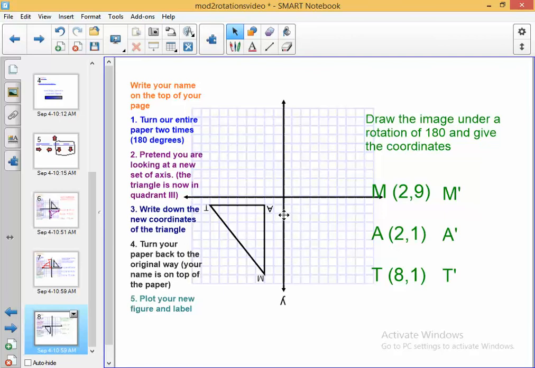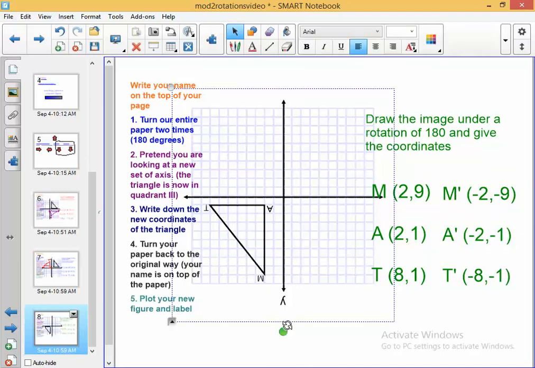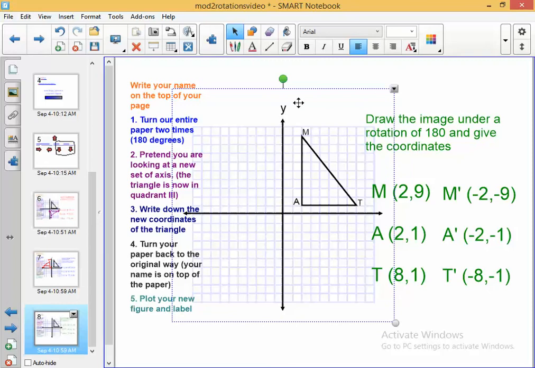We're going to pretend we're looking at a new set of axes. Again, the triangle is in quadrant 3, and we're going to write down the new coordinates. M is left 2, down 9. A, really important to look at the correct letter, is left 2, down 1. And T is left 8, down 1. We turn our paper back to the original way, so your name is on top.